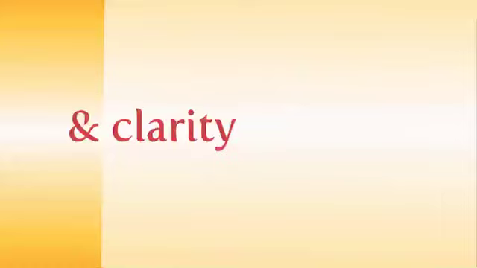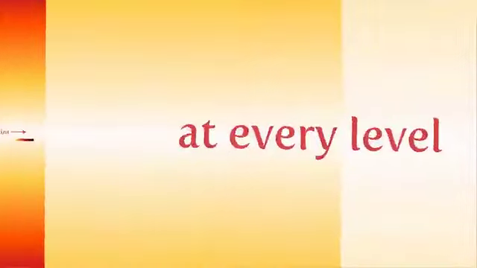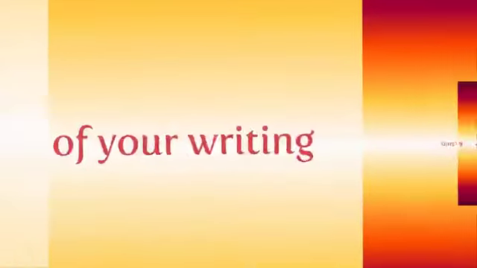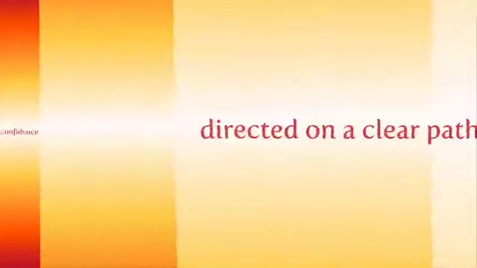If people complain about writing not being clear, it's often due to the fact that the thesis statement has not been well constructed. And also, it keeps clarity across many different levels, right? So not just in the first paragraph, but at every point in the writing, you always know where you're at. So whatever part of your writing you're at, it gives readers confidence that you'll keep them oriented and directed on a clear path until the entire picture is clear.